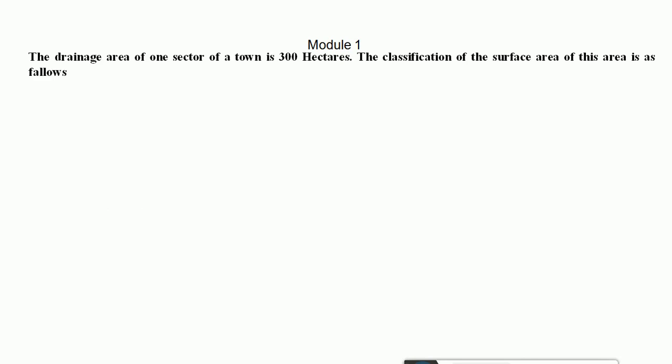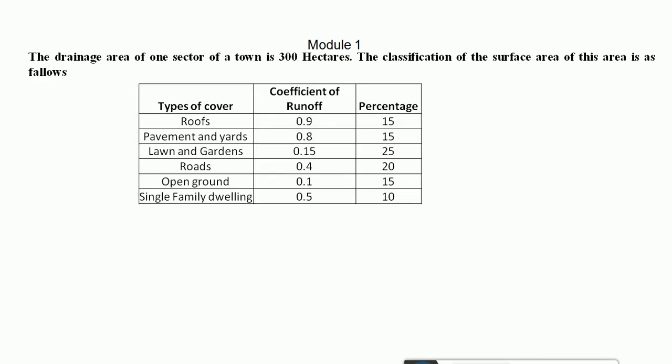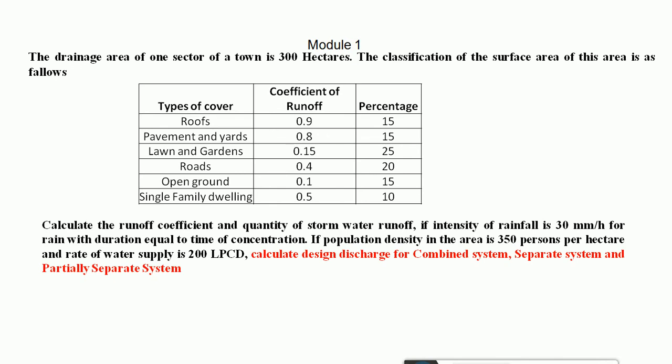Now this is a little peculiar or different kind of problem, wherein you have to find the discharge if the area comprises different kinds of rainfall. Here, for one of the towns, the total area of the drainage is 300 hectares.